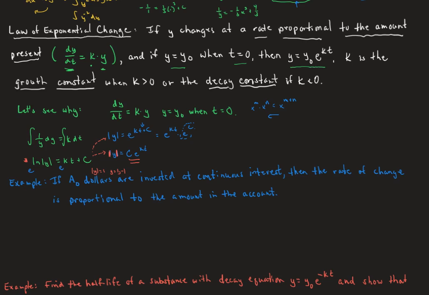So we can actually drop the absolute value without any penalty, because we have not yet decided what that constant is. That's going to come from our initial condition. So we can safely and correctly say that y without the absolute value is c e to the kt. Now, that c could be positive or negative, and that will be determined by the initial condition.